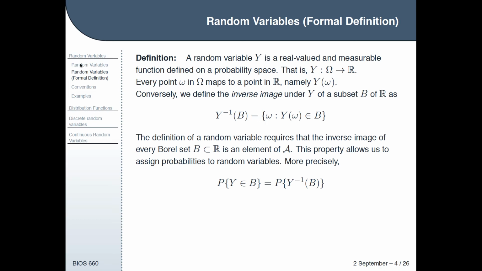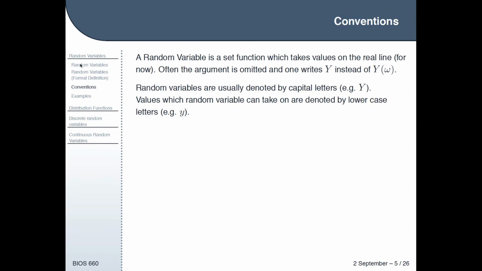If you're a master's student who never intends to take 760, then you can probably forget this as soon as you finish this homework. If you're planning on taking 760, then you'll need to remember this because you'll have to go through and prove that you don't get contradictions if you define random variables this way.